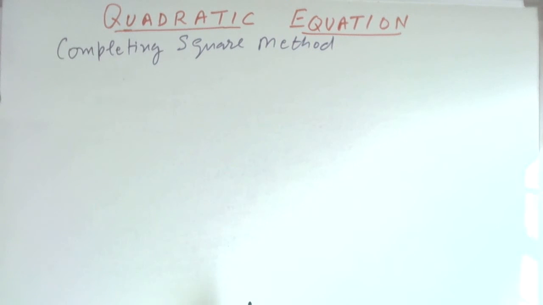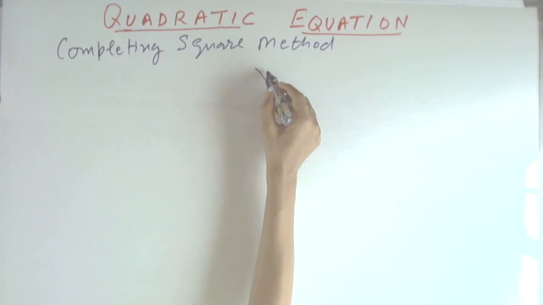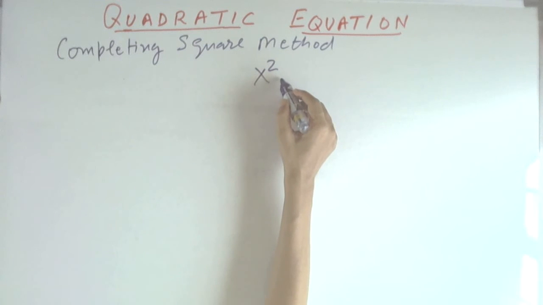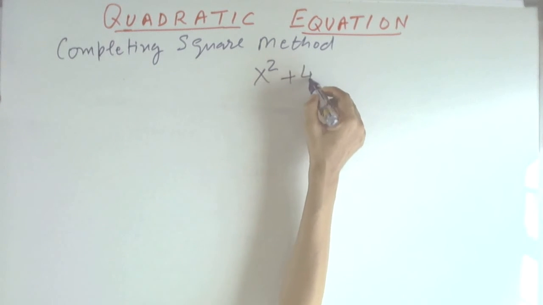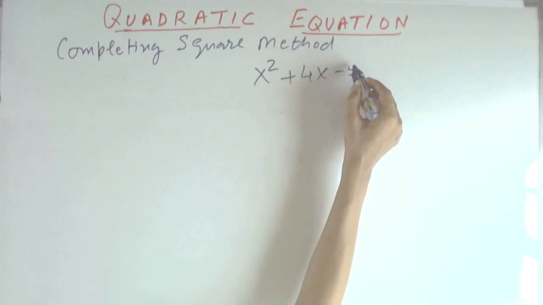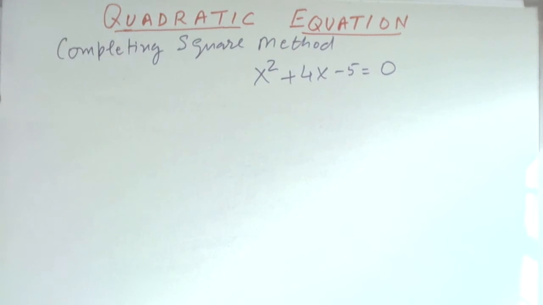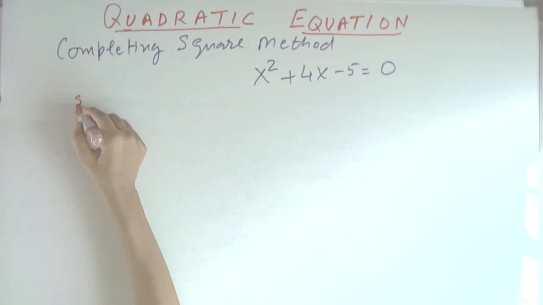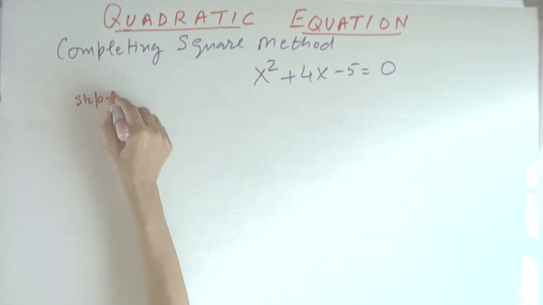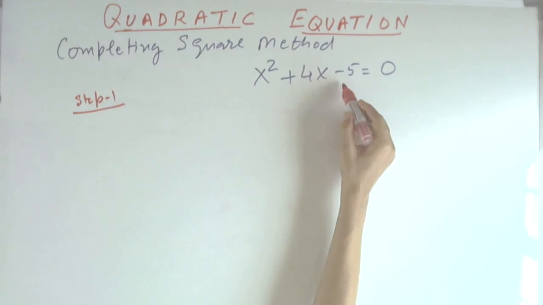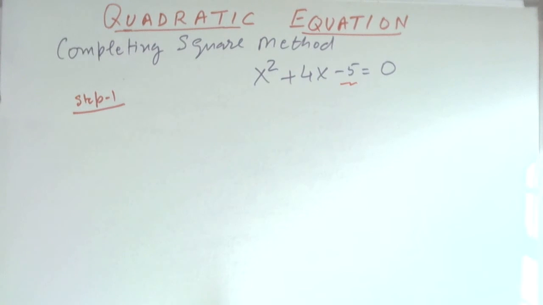So let us take a quadratic equation x square plus 4x minus 5 equal to 0. Now how do we apply this method? The first step, step 1, is to take the numerical term on the right hand side.